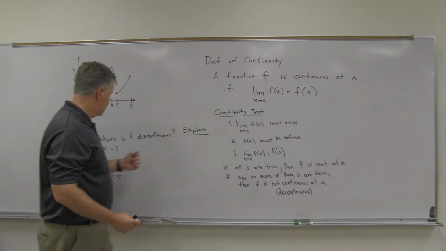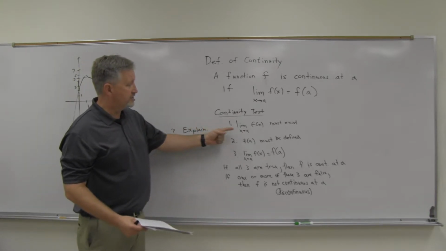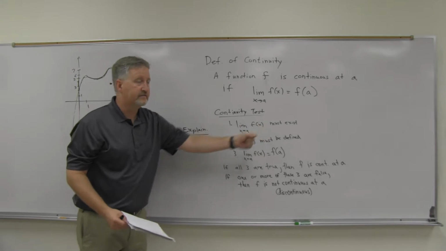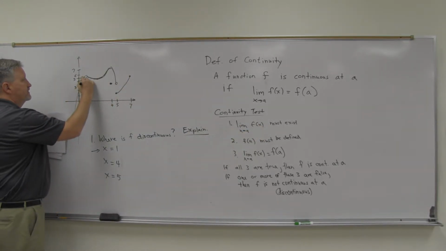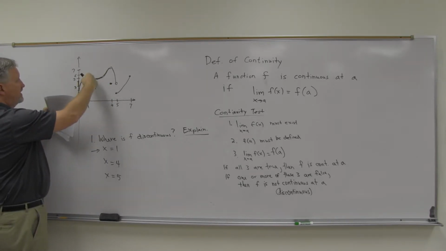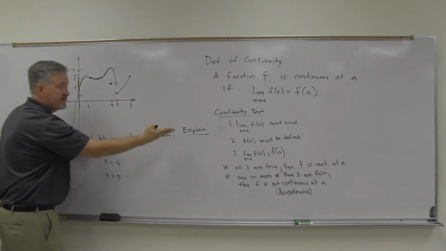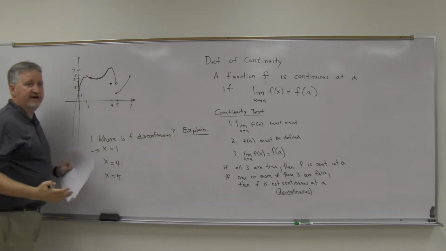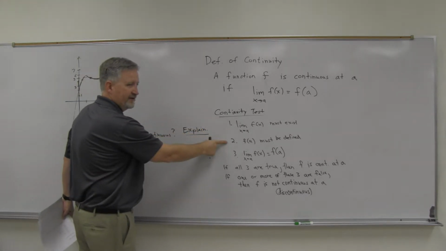All right, so at x equals 1, let's look at it. Does the limit as x approaches 1 exist? Well, from the graph, for the limit to exist, we just look at left and right. Does the limit exist? Yeah, because from the left it's coming up to about 5.5, from the right it's coming into 5.5. The limit as x approaches 1 is 5.5. However, what about f of 1?